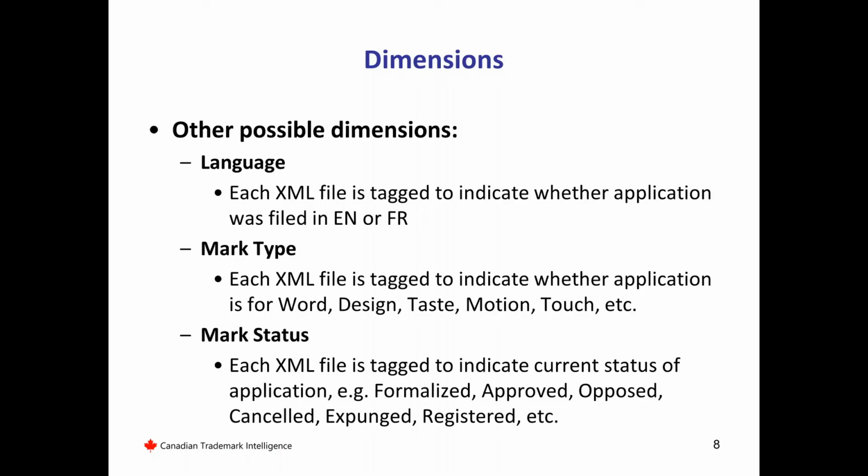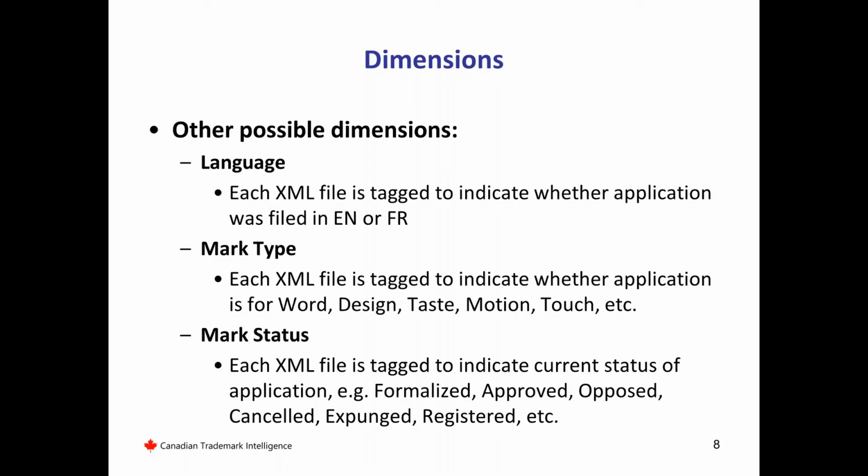Similarly, with a mark type dimension, you can quickly rearrange data sets to focus on word marks, design marks, motion marks, etc. If you've got a mark status dimension, you can further rearrange your data to focus on only those marks whose current status is of interest to you.